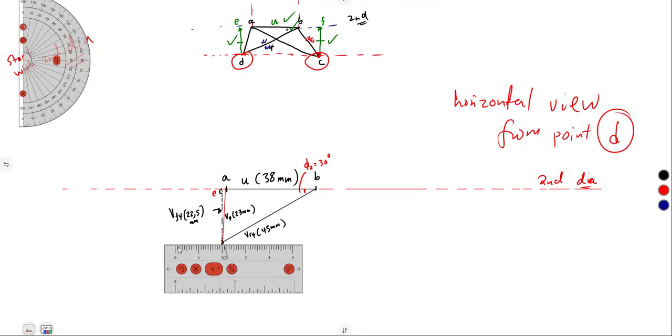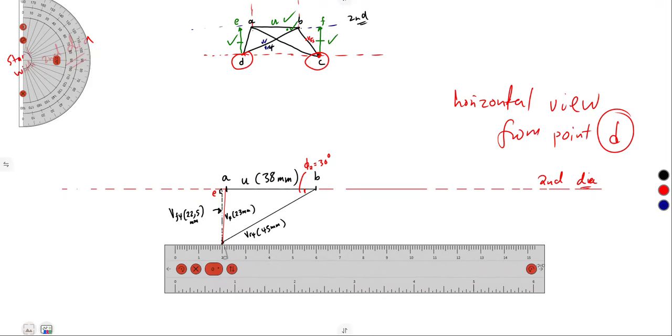You must make sure that it is a horizontal line, guys, perpendicular to ED. It must be perpendicular to ED. So you draw that horizontal view. So this is our horizontal view from point D. I want you to see the magic that is just going to be formed here if you follow these stages properly.